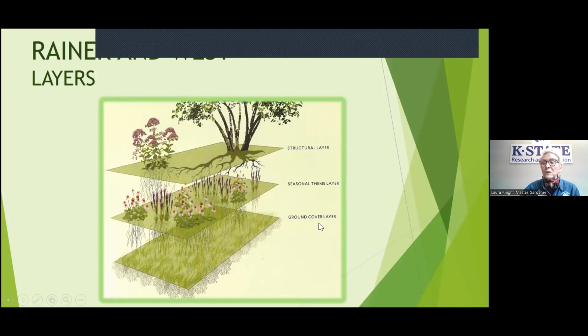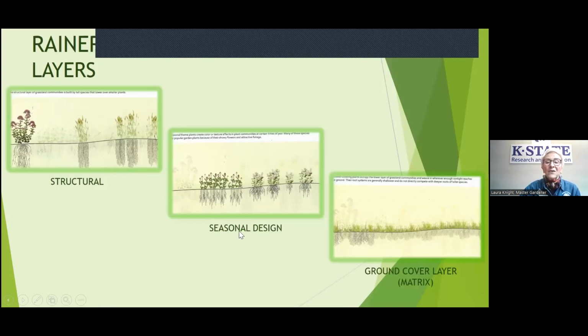But the most important layer for the soil is the ground cover layer. And structural layer, the seasonal design layer, and the matrix layer. This is the one that is going to decrease your weeding. I weed in the spring, and by the end of May, I will never weed again.